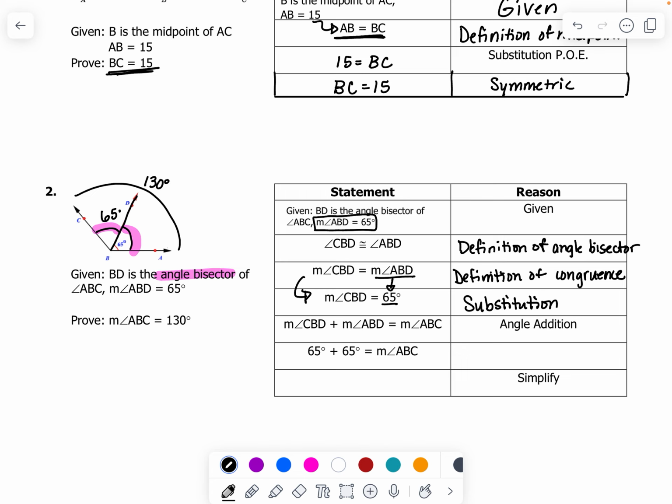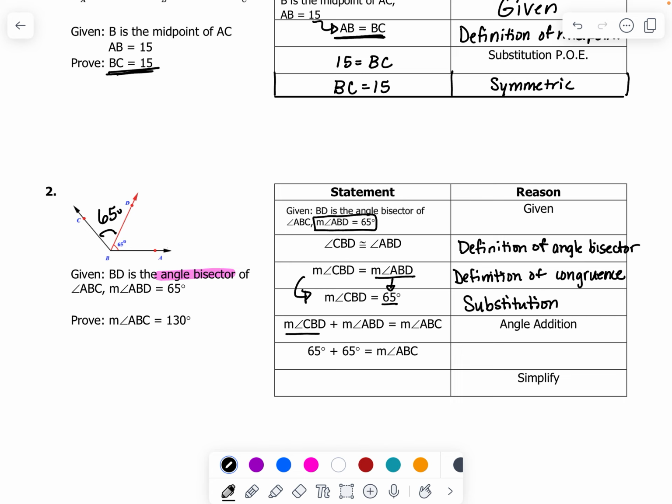We're able to substitute 65 degrees in for ABD. Okay, so now what they've done so far with the proof, they have proven that these are both the same and that this one is 65 degrees.